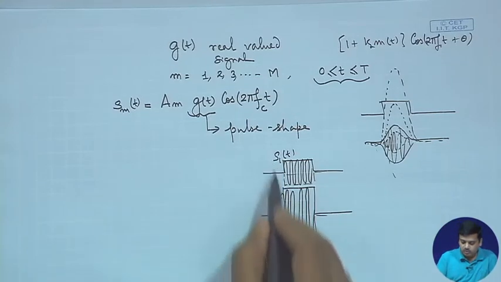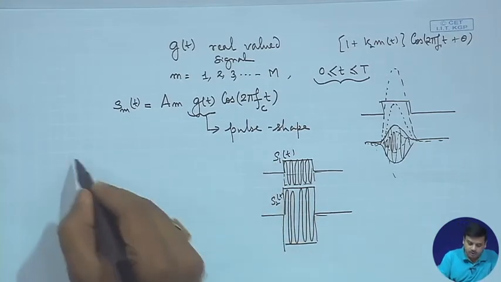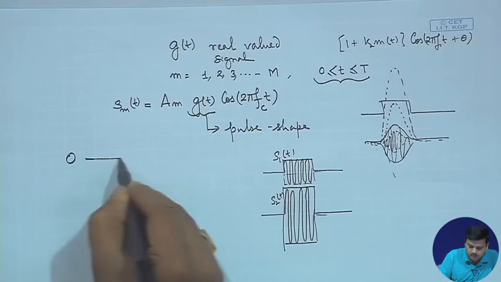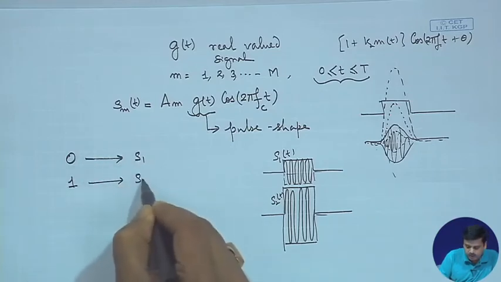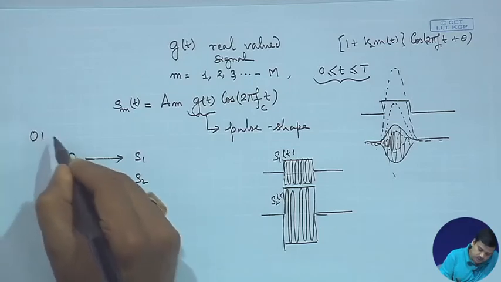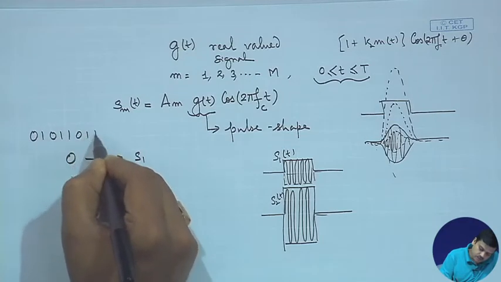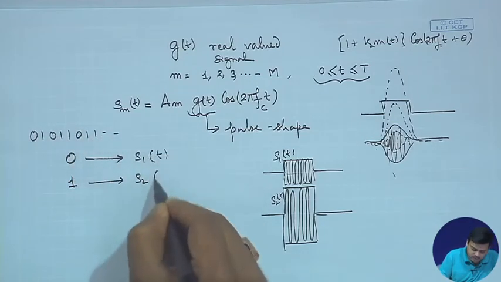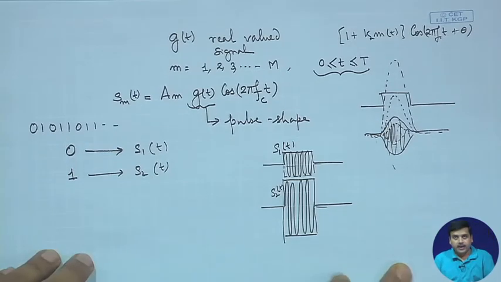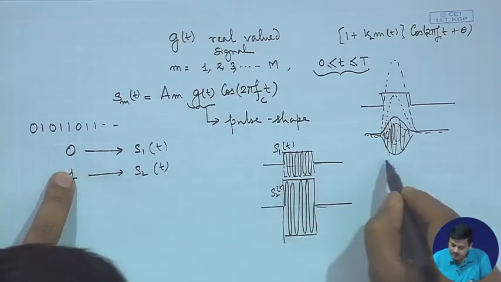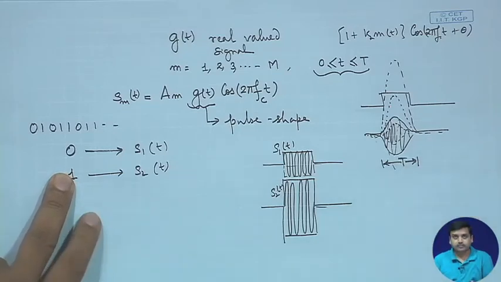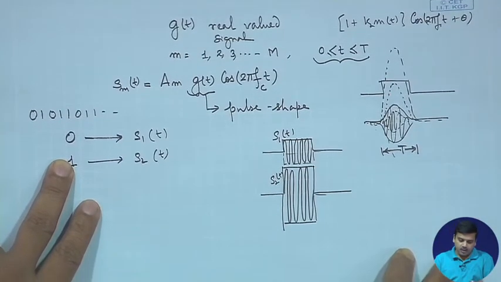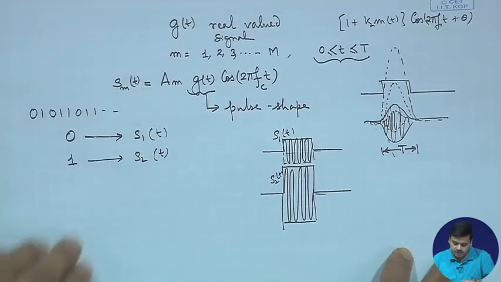So, you have two choices, S1 and S2. If you get a 0, you might choose S1. If you get a 1, you choose S2. These zeros and ones are the sequence of bits that keep coming, and this choice would be valid for this duration T.